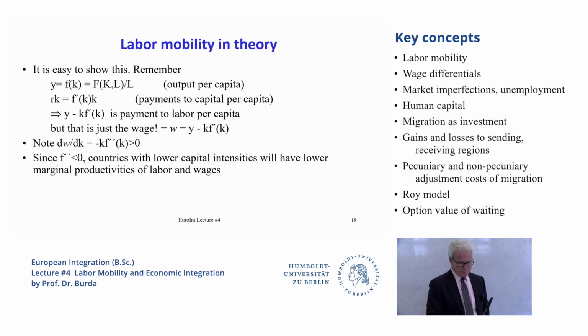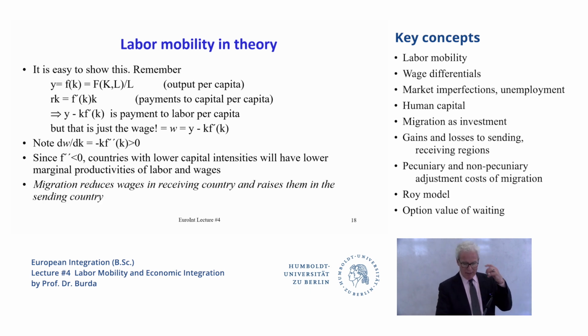Okay? And this, again, from this expression, you also infer that countries that have low K over L, low levels of little k, will have low wages to start with. So we have all the ingredients we need to understand why the arrow moves from west to east in that picture that I showed you before. So migration raises wages in the sending country and it reduces them in the receiving country.